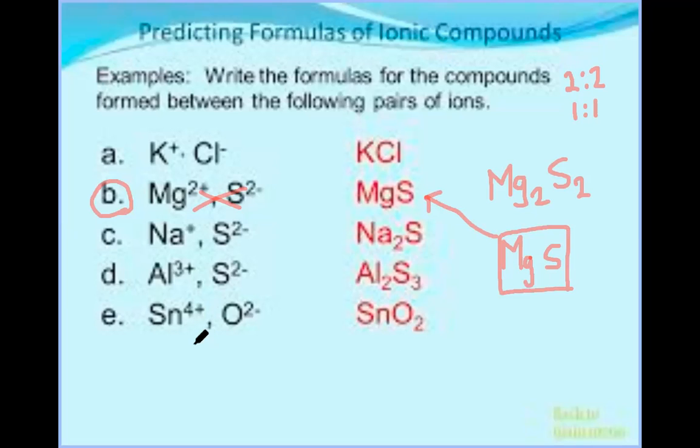Okay. The same thing here. I'm working on E. See, yes, N. When you crisscross, when you swap the numbers, S and O4, and you can simplify 2 to 4 as 1 to 2. So that's what you are having as this answer.